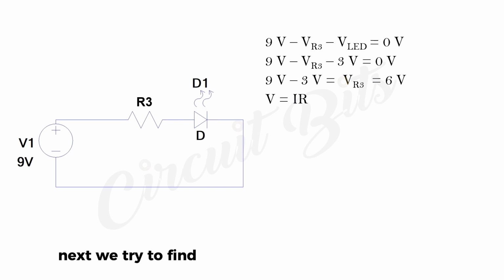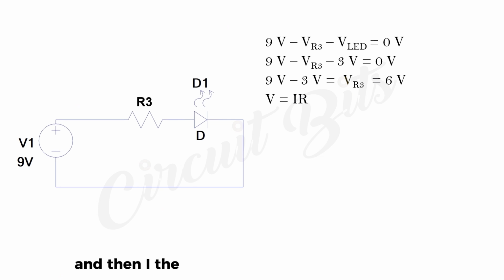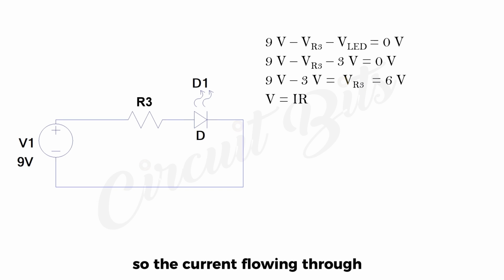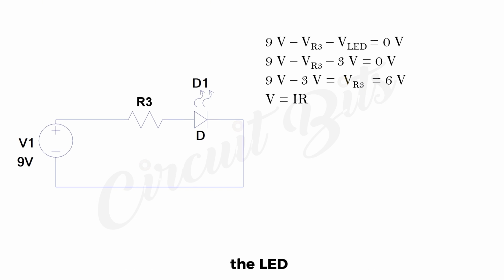Next, we try to find our resistance from the formula V equal to IR. We have our voltage across R3 and then I, the current flowing through the circuit. Since this is a series circuit, the same current flows through every component in the circuit. So the current flowing through R3 will be the same current flowing through D1, the LED.